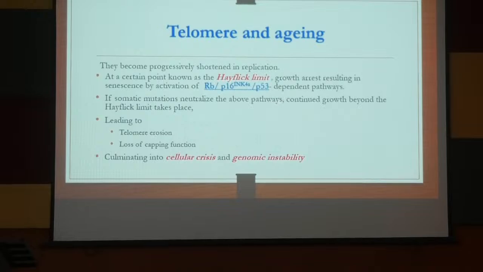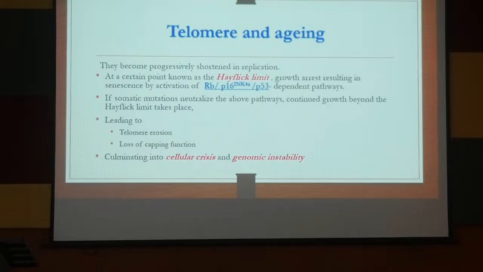Inactivation of the Hayflick limit, and if replication is not stopped, then uncoordinated, uncontrolled replication causes damage to the cell. After the Hayflick limit, there will be some damage. The cell will die, phase of stagnation after Hayflick limit.